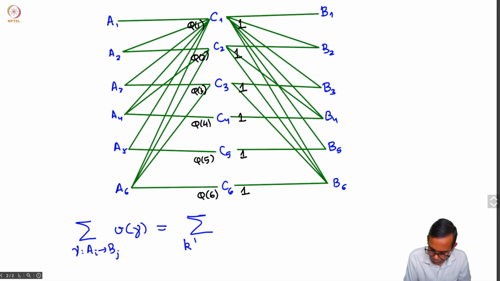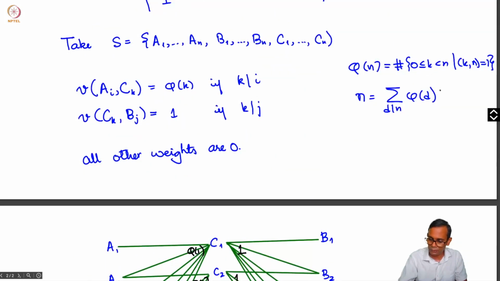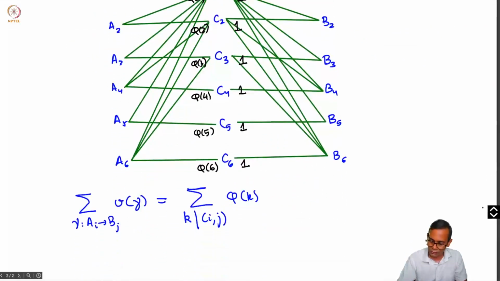So it's a sum over k dividing the GCD of i and j, and the weight is phi(k) times 1, which is just phi(k). But remember, the defining equation for this Euler totient function is that the sum over all d dividing n of phi(d) is n. So this is actually just the GCD of i and j.